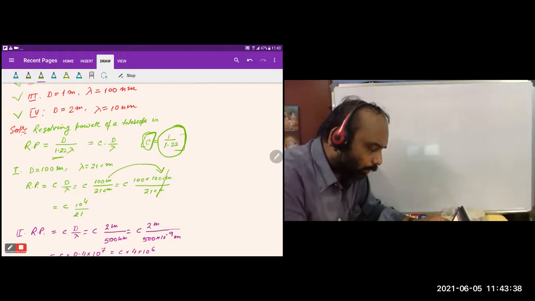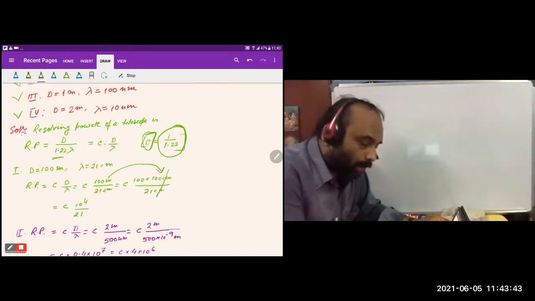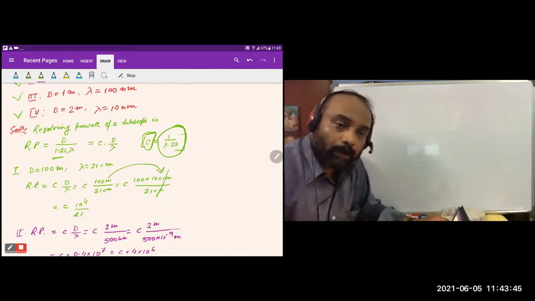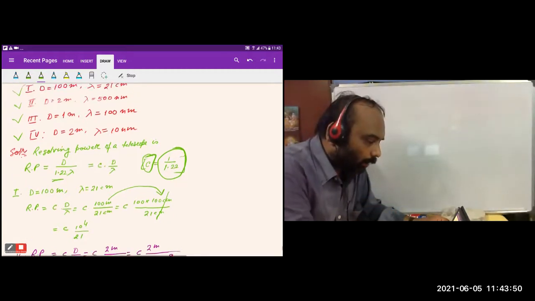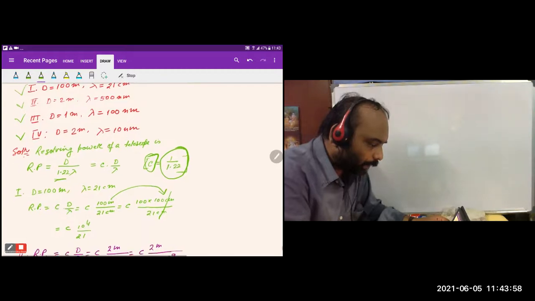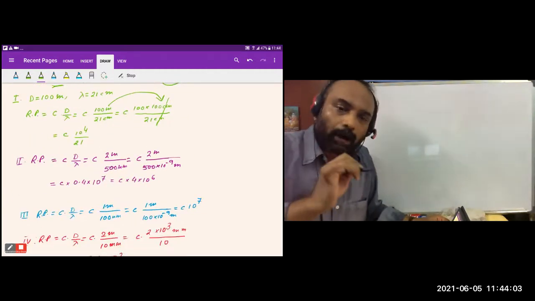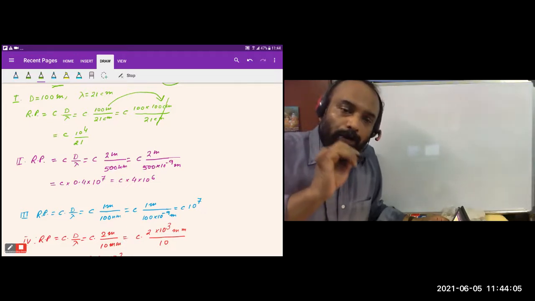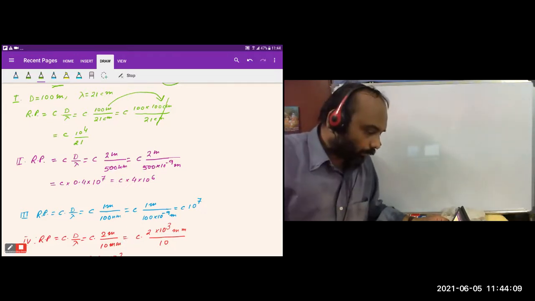I got 10 to the power 4 by 21. And you see, I am writing the units because you are given meter, nanometer, and then in one case millimeter. Okay. So please make sure that you are using the proper units when you are solving this problem.